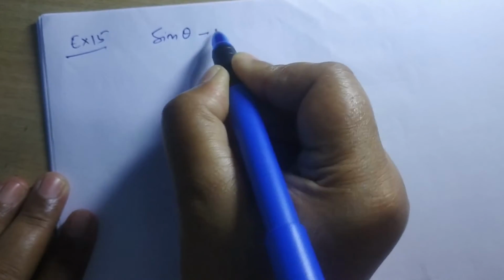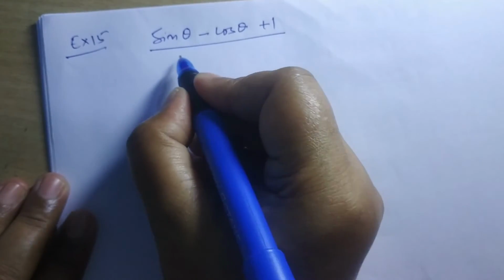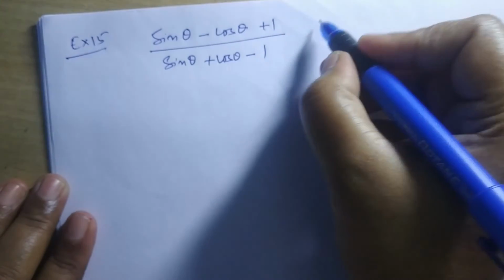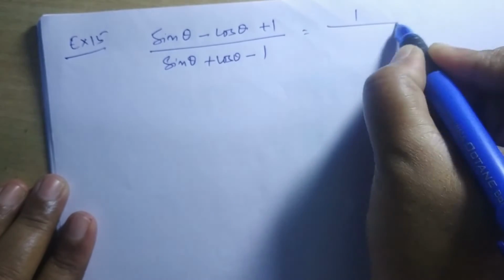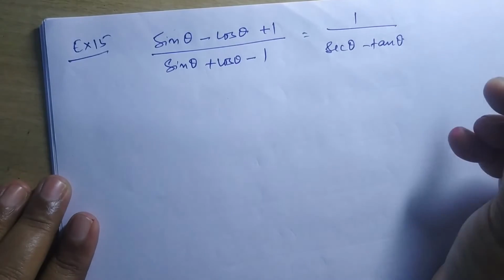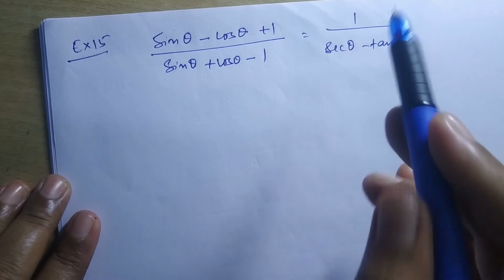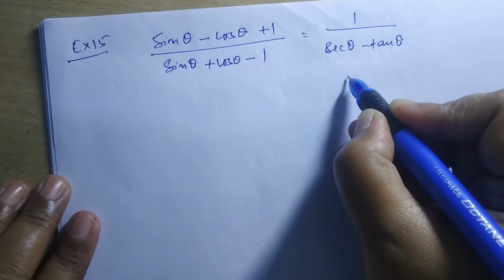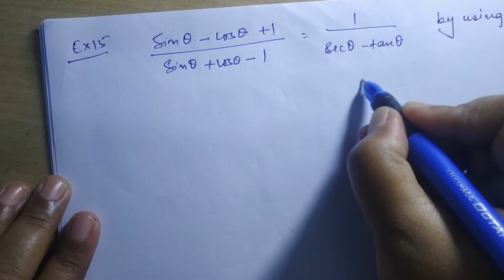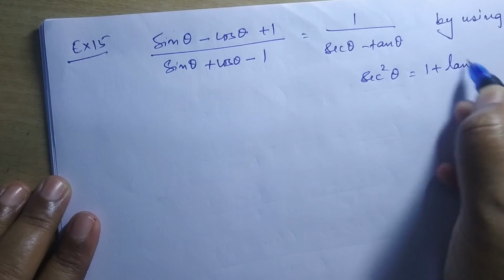Sin theta minus cos theta plus 1 whole by sin theta plus cos theta minus 1 is equal to 1 by sec theta minus tan theta, and you have to prove that LHS is equal to RHS by using an identity, sec square theta is equal to 1 plus tan square theta.